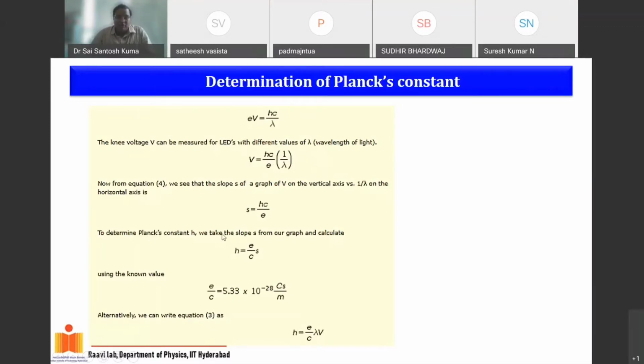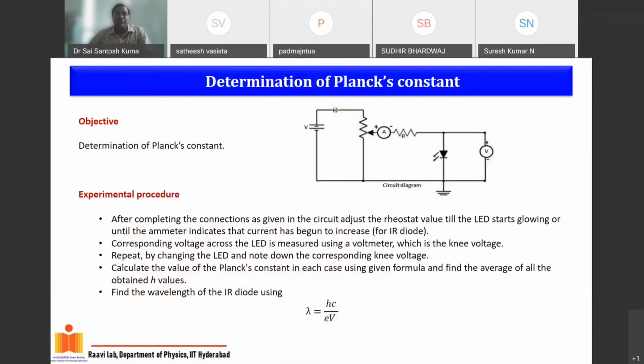Okay, and so if you take a graph of the inverse of wavelength versus the knee voltage, it should be a straight line. Okay, and then the slope of it would give you information about Planck's constant. So this is an alternative way of determining Planck's constant. Okay, so you can have a graphical way as well as direct calculations. So this is the objective, determination of Planck's constant.